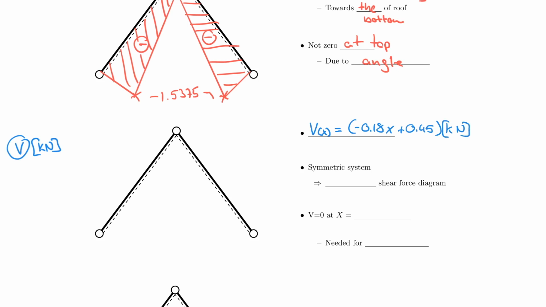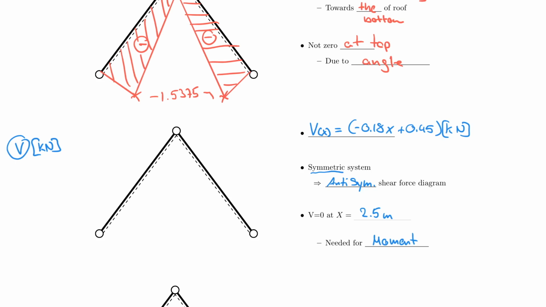And remember that we had a symmetric system, and therefore our shear force is anti-symmetric. And needless to say that the shear force is equal to 0 at x equals 2.5 meters. So we need that for the moment.